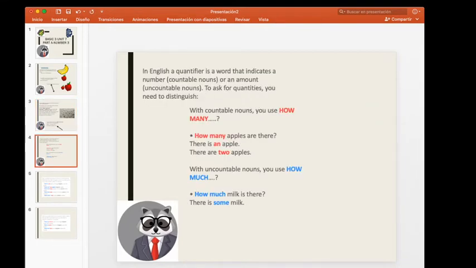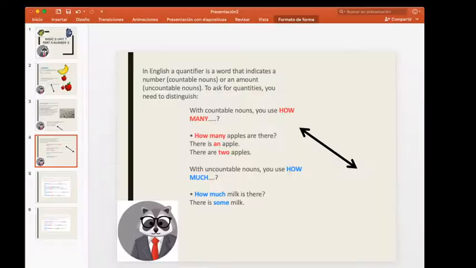And in English, we obviously have the questions. In English, a quantifier is a word that indicates a number, with countable nouns, or an amount, with uncountable nouns. To ask about quantities, you need to distinguish.